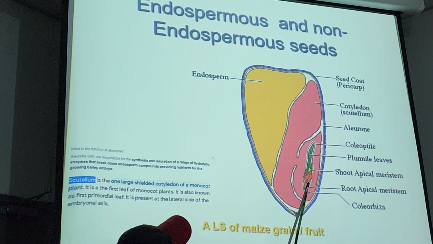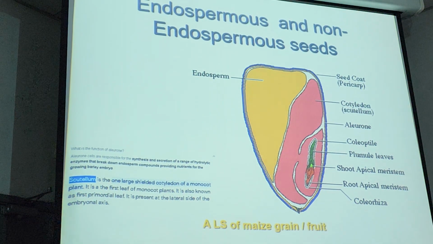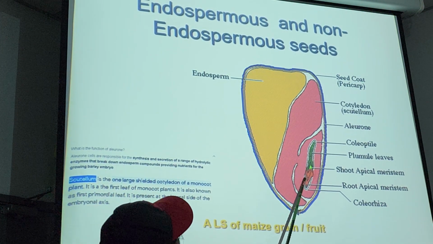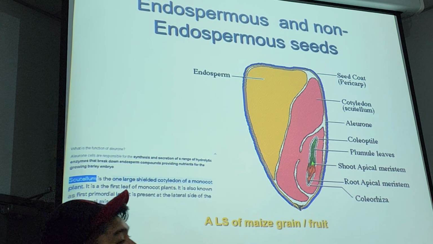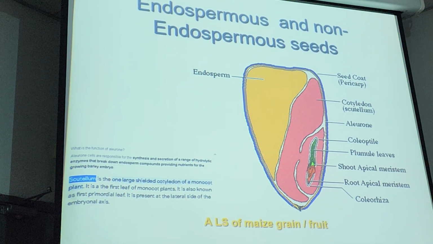This is the coleorhiza, the root cap. Coleorhiza here, right? And the shoot apical meristem, and also the root apical meristem. What is meristem?